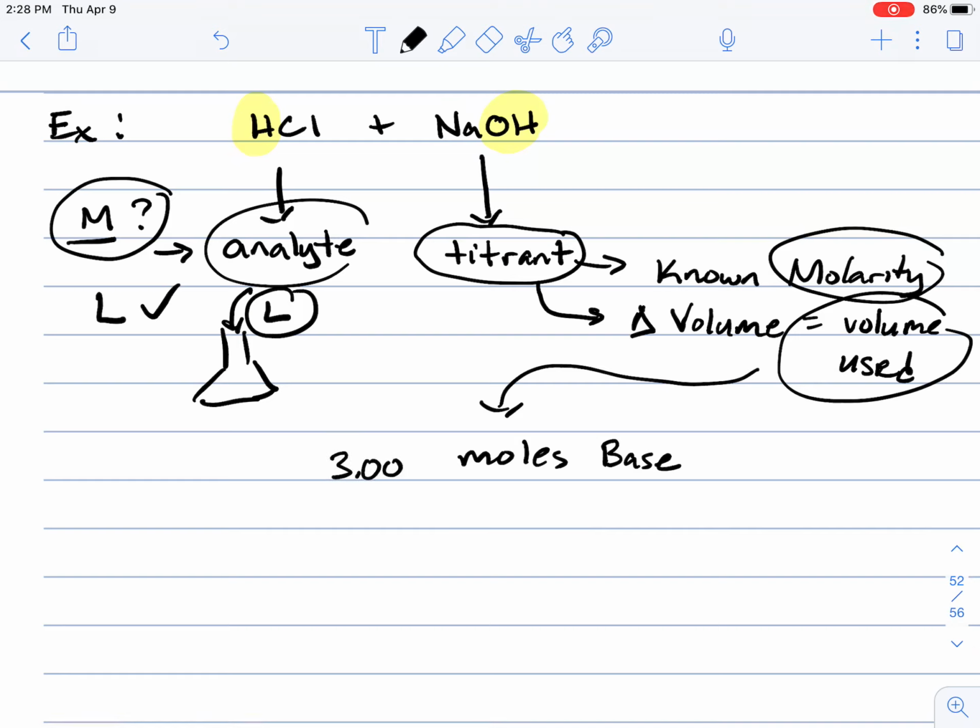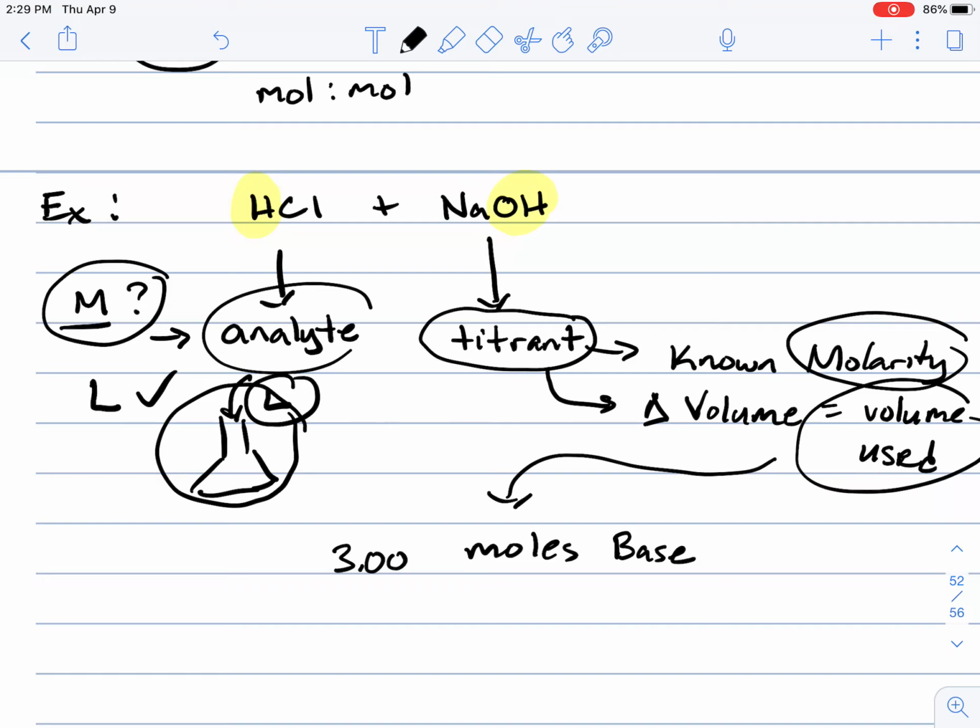For us to completely neutralize the acid found inside this Erlenmeyer flask, we would need an equal number of moles of acid to neutralize the moles of base that we added. So 3.00 moles of the acid should equal the moles of the base.